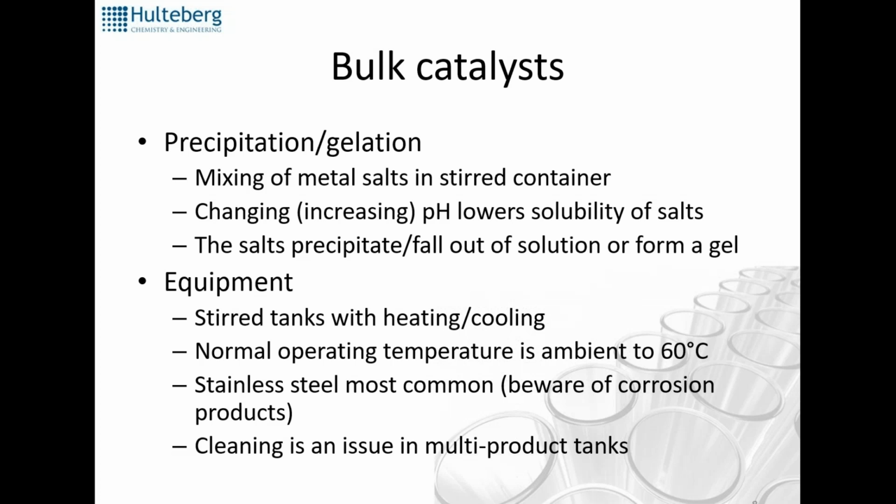A normal operating condition is roughly ambient up towards 60 degrees C. The most common tank material is stainless steel, but there is a severe risk of corrosion products, and that is not mainly that it damages the tank itself. It's that the corrosion products will contaminate the catalyst. Iron, or whatever, nickel that is in the steel, will end up in the catalyst preparation and act as a catalyst poison.